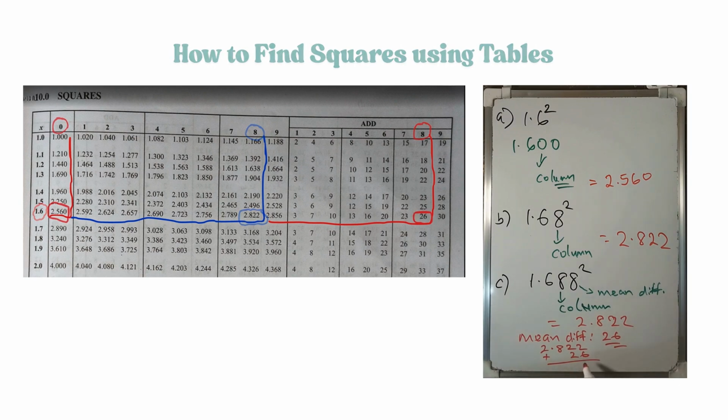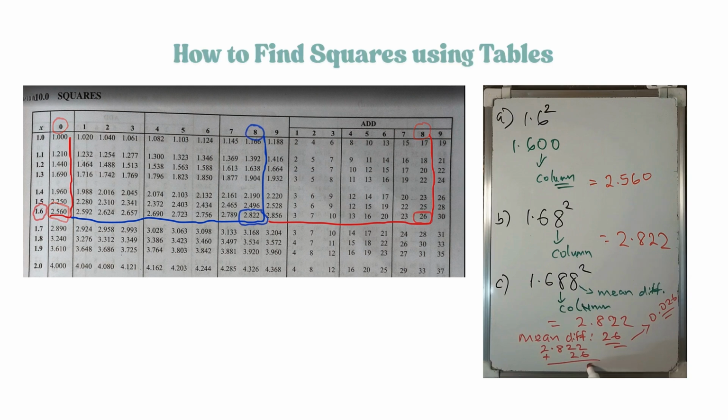We are adding 26 here because this 26 is the same as 0.026. So just to save on time, we are adding it on the last digits of our value. So what will be our answer?